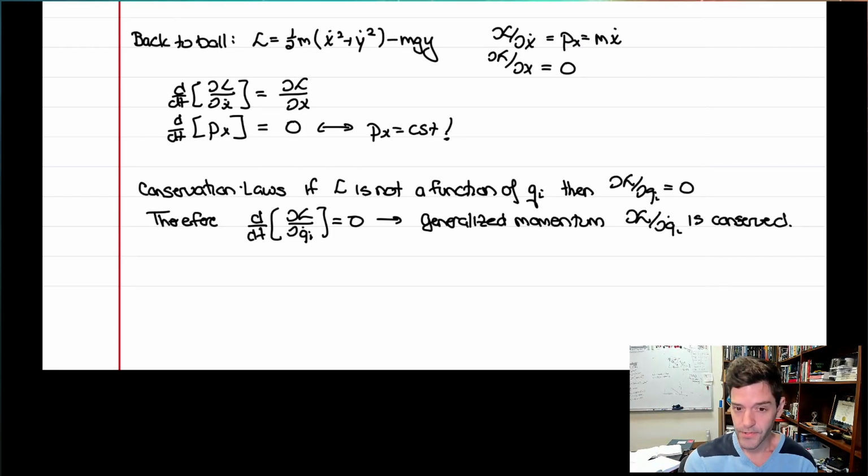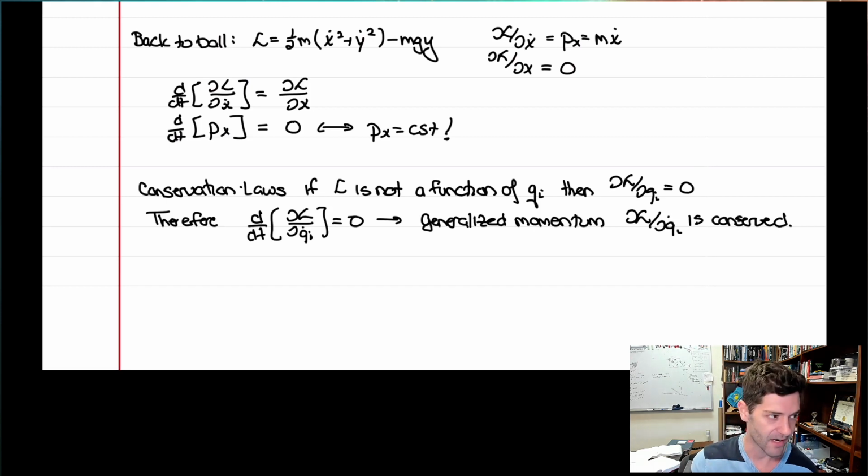If you can choose your generalized coordinates such that one of the coordinates, the generalized position coordinate, does not appear in the Lagrangian, you can actually say something about conservation underneath that coordinate. Whatever the generalized momentum is for that coordinate, it's conserved.